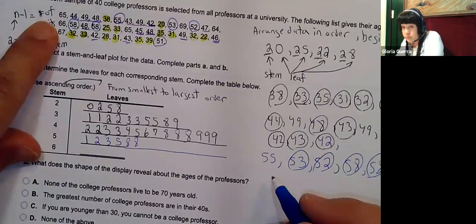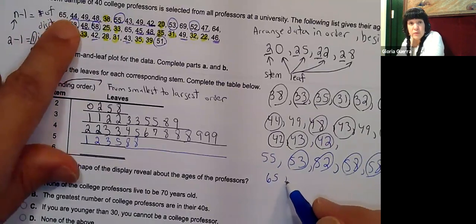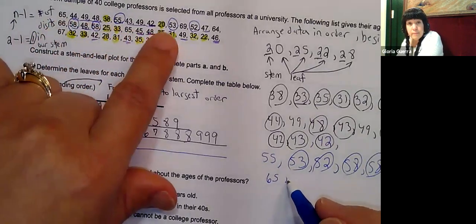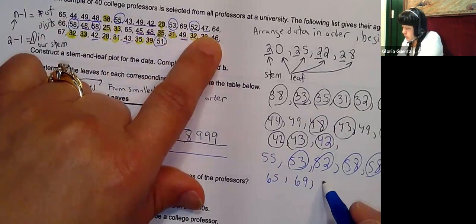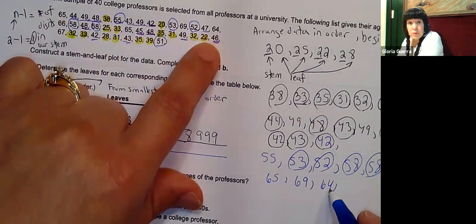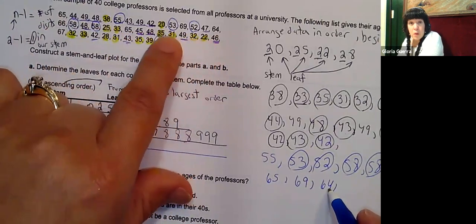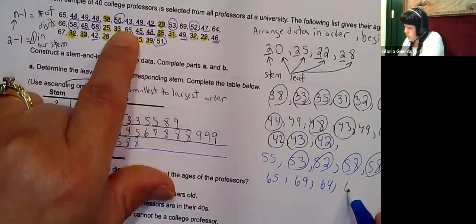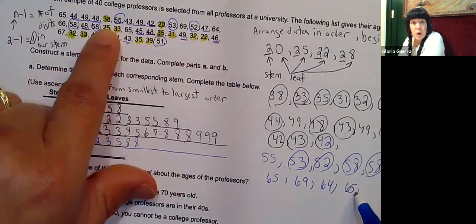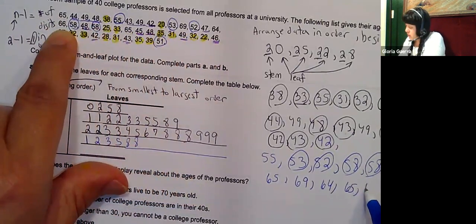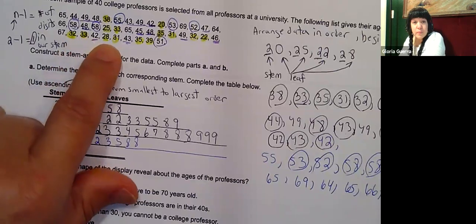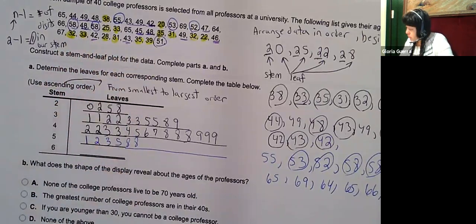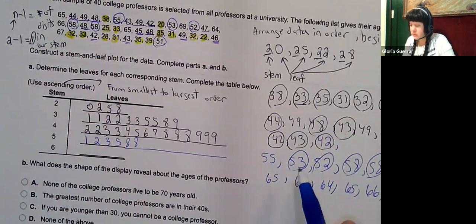Okay, so now I'm checking the 60s. So let's see what's left. 65, 69, 64. There's a 65, a 66, a 67. Okay, so 1, 2, 3, 4, 5, 6.